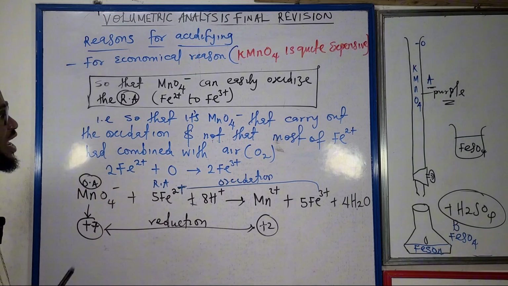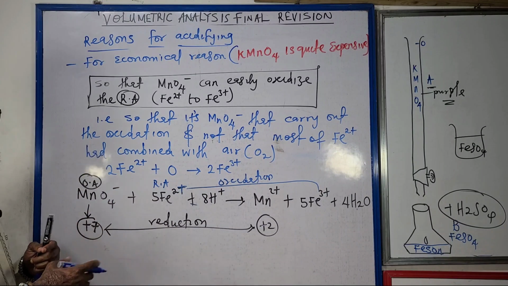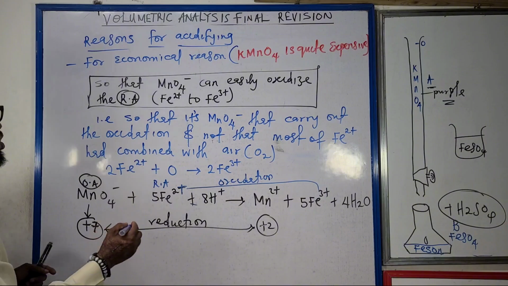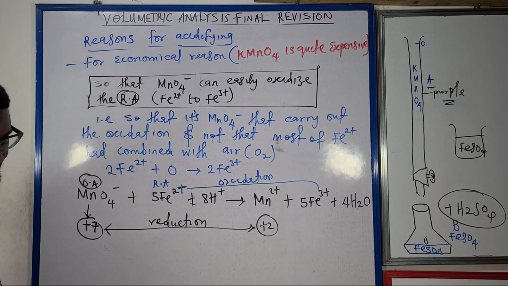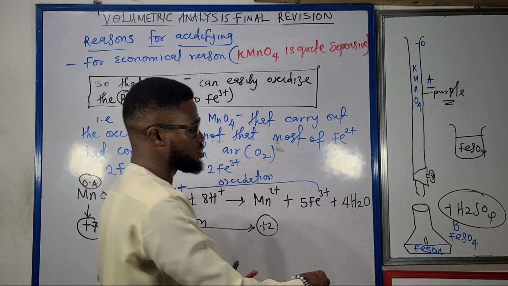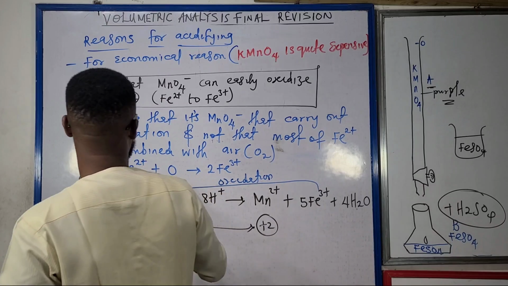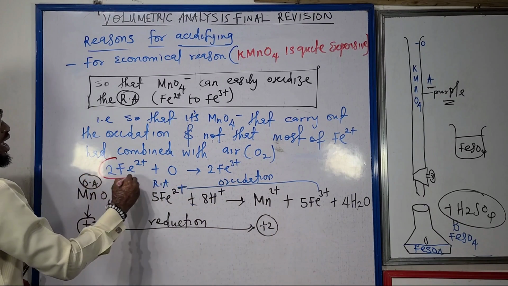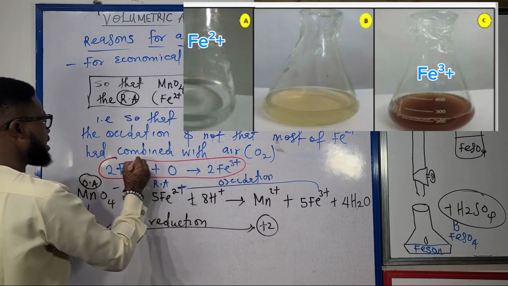So let's assume a case where the iron has been left exposed to air. What that means is that even before the titration happens, most of the iron would have lost their electron to oxygen in air.